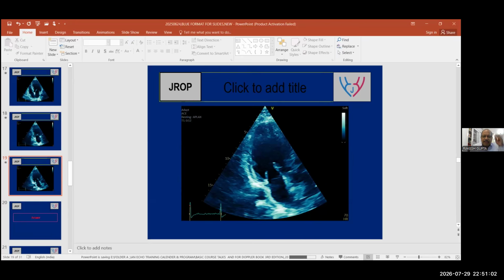Let's see what more we have. So I've recorded some images for you last week. Same thing for wall motion abnormalities. Let me just open them up.